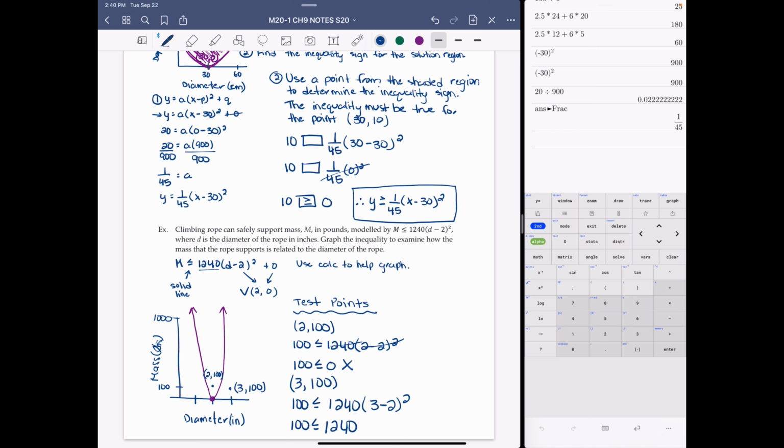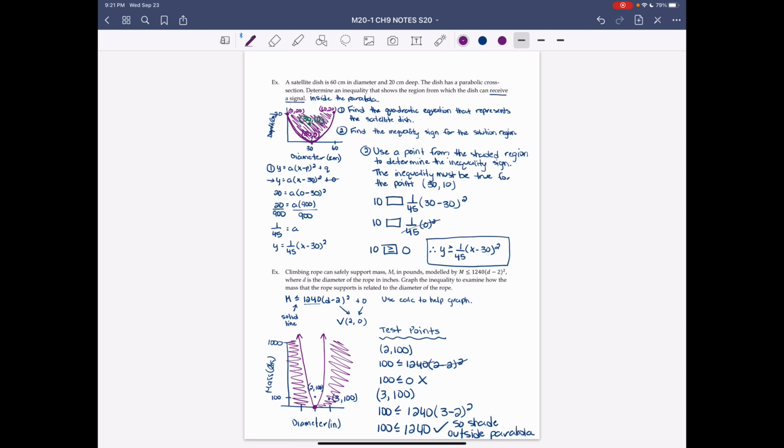Is 100 less than or equal to 1240? Yes. So we would shade outside our parabola. Okay, so we would shade all around the outside of the parabola. There's our graph.